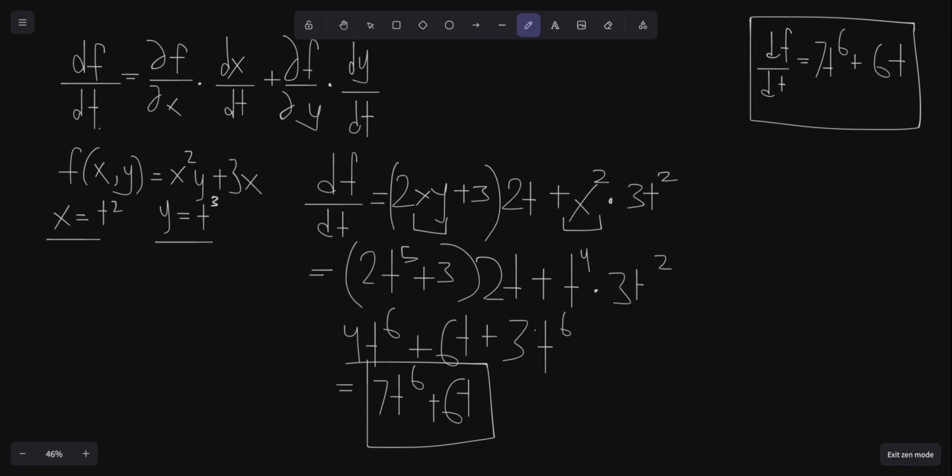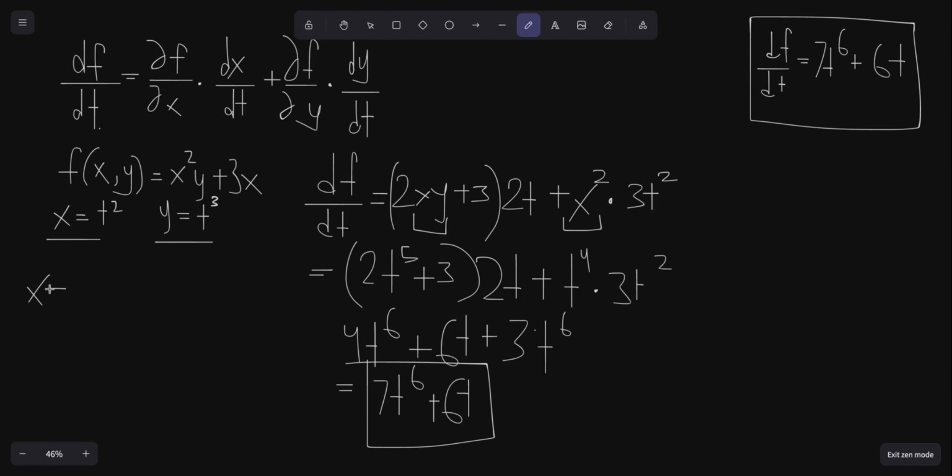And you might be wondering, whoa, this is way more work than what we did earlier. And you could be right to the extent, but sometimes the substitutions can be really messy. I'm just going to make up a random example.